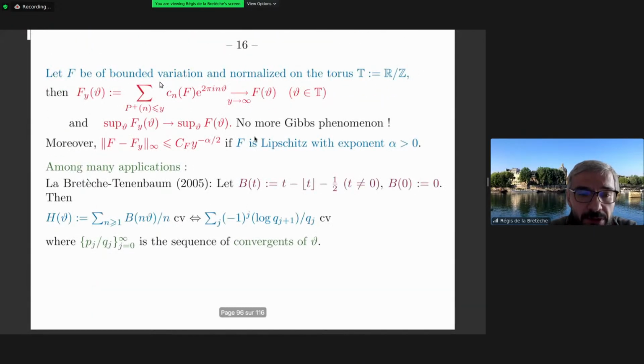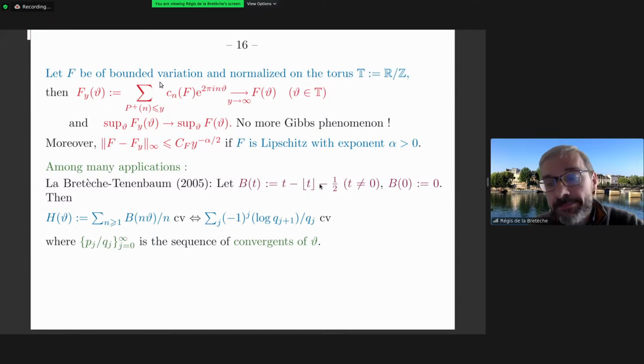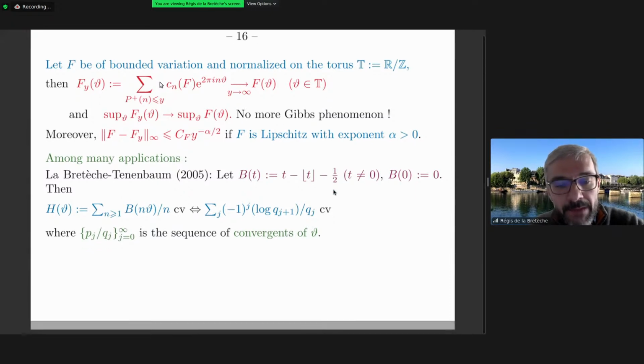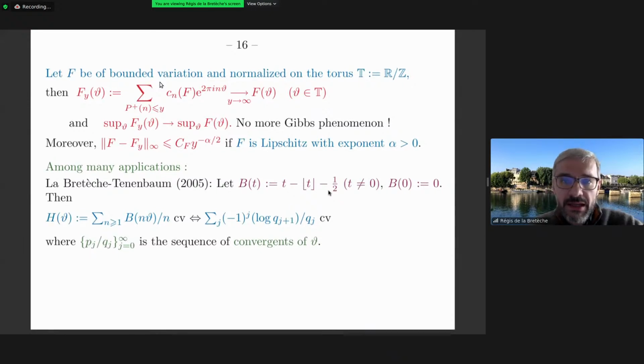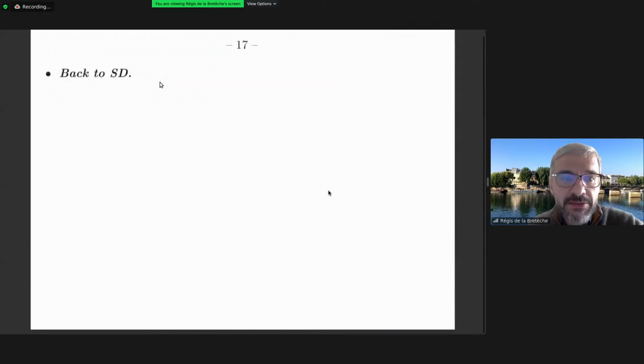For example, we can prove a condition for the convergence, for which theta such a series is convergent, when B is t minus the integral part of t minus 1/2. I have no time to explain the result, but it's a nice result.